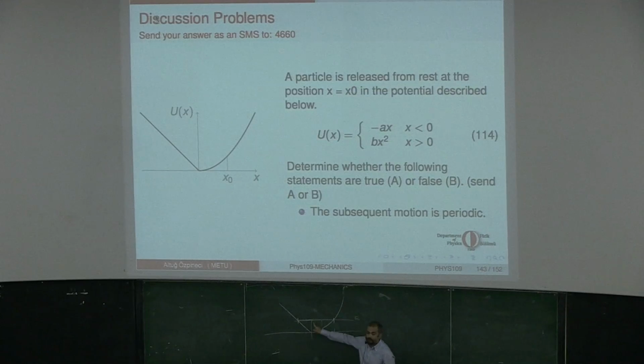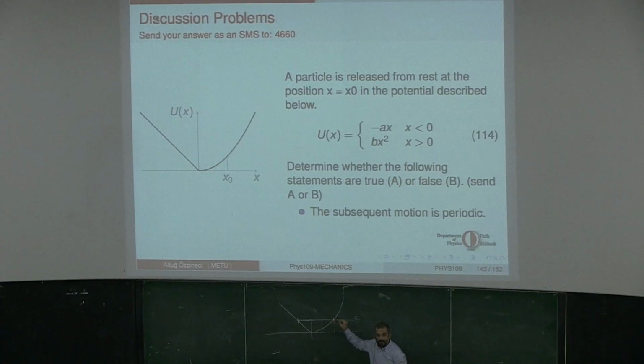It will have some velocity; its kinetic energy will be this much. After this point, it will feel a force in the minus x direction. It is decelerating, or you can say that its kinetic energy is decreasing. So it will slow down, and when it reaches here, it is at rest with its initial energy.